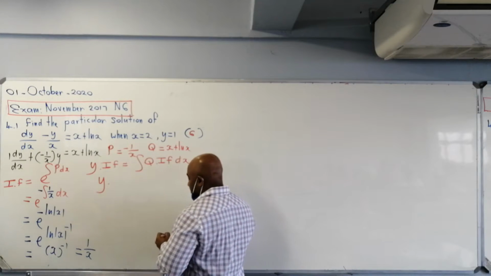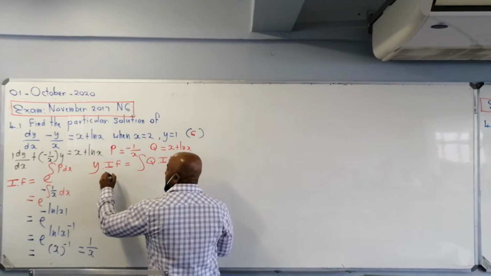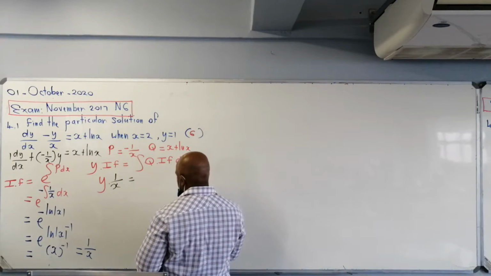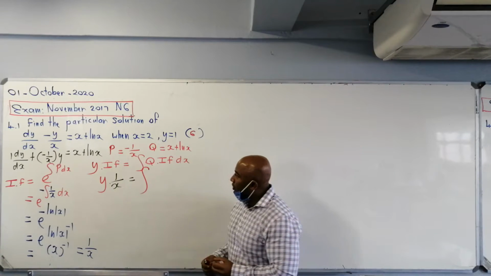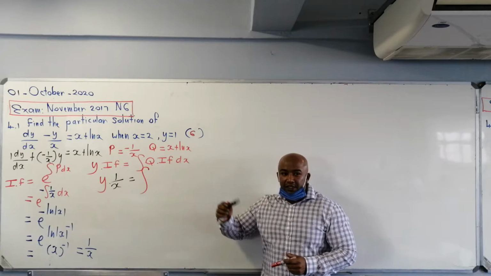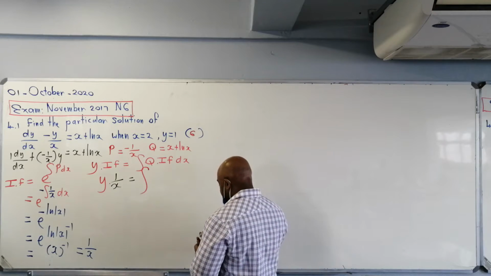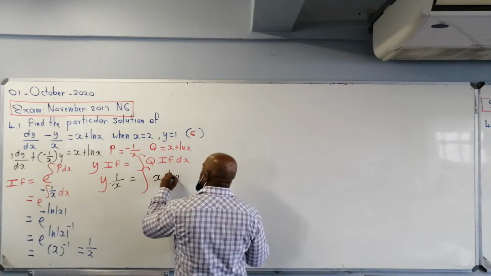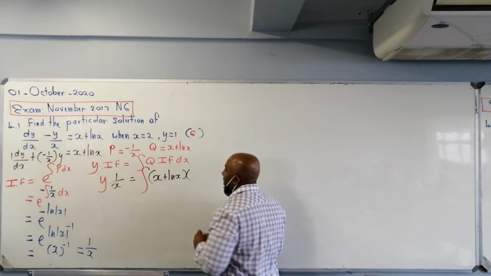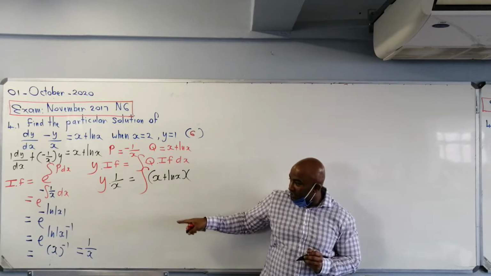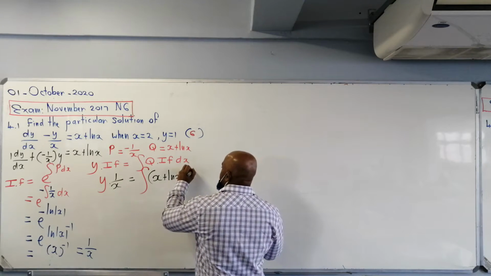So y times my integrating factor, 1 over x, is equal to the integral of q, which is x plus ln x, multiplied by your integrating factor, 1 over x.